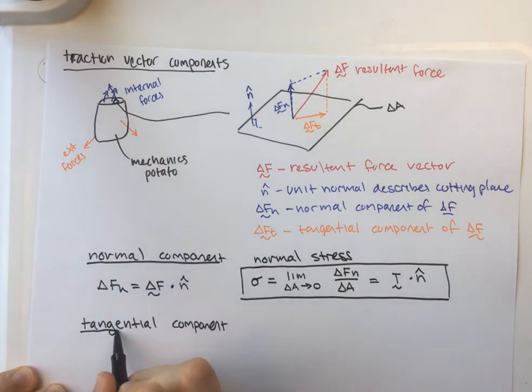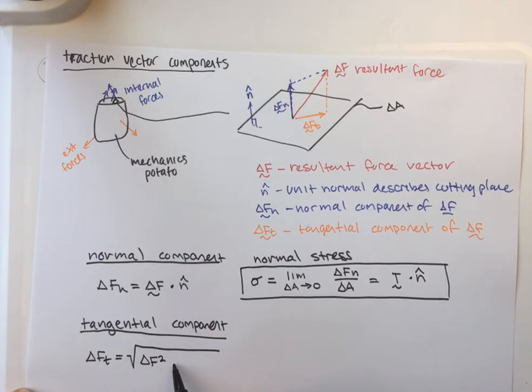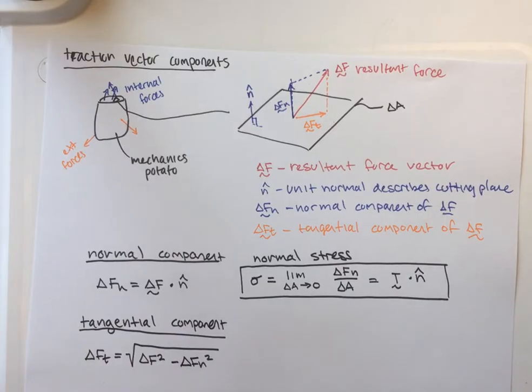So we're going to have to do something else. But if we just want to know the magnitude, so delta Ft, the magnitude, all we have to do is use our Pythagorean theorem, and we can say that the square root of delta F squared, so that's the magnitude of the resultant force vector squared, minus delta Fn squared, so that would be the magnitude of the normal component vector squared, is going to give us the magnitude of the tangential component.